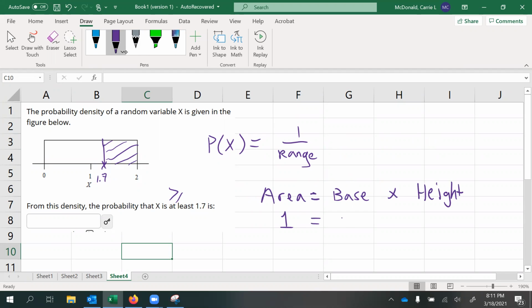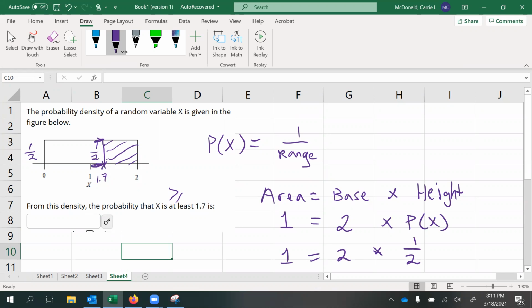The base here is 2, and that means that the probability of x, which is our height, has to be 1 over 2 in order to get an area of 1. So all that to say that the height of this side of the rectangle is 1/2, and in fact it's 1/2 here as well from the top to the bottom.